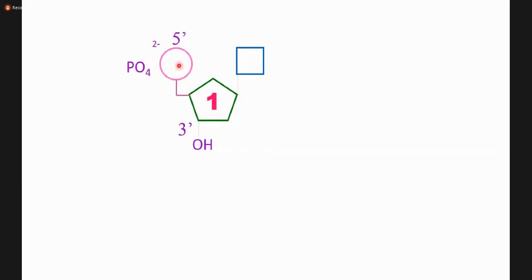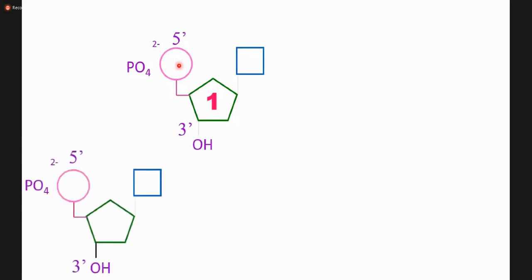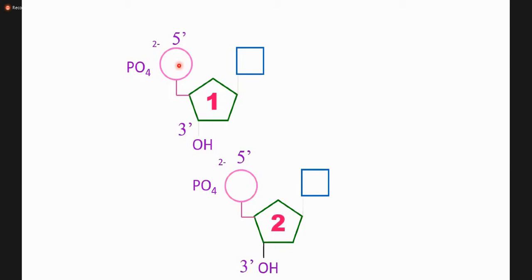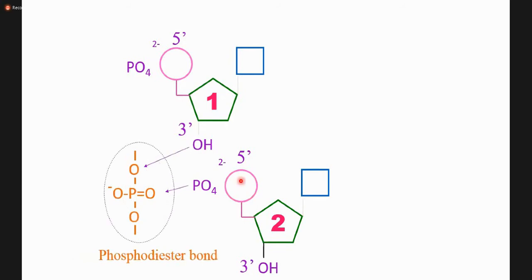Then we have phosphodiester linkages that bind the two nucleotides with each other. So the second nucleotide is here, and the hydroxyl group present at the 3' position binds with the phosphate present at the 5' position, forming a phosphodiester linkage. This phosphodiester linkage binds the nucleotides with each other and forms the backbone of the DNA.